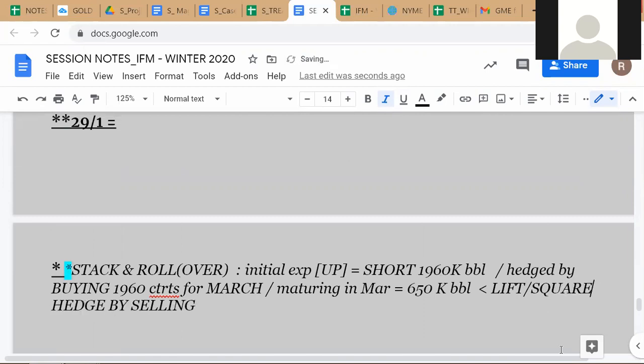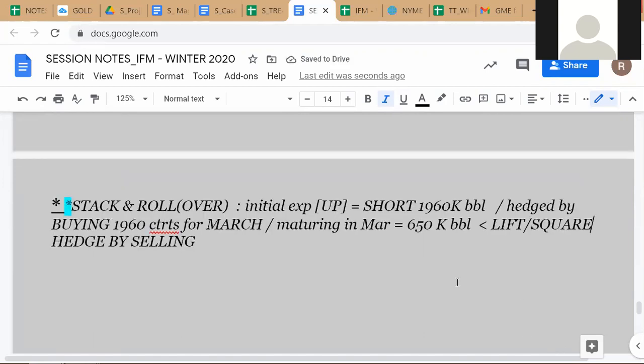Lift doesn't mean going from the third floor to the fourth floor. It just means squaring the hedge, because this is no longer required. It's maturing, so the purchase team has already bought this oil and locked in the price for it. So you square the hedge by selling. It was a long hedge, so you sell 650 contracts for March. This part is done.